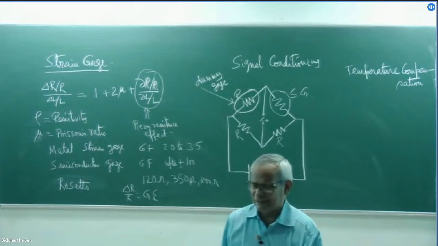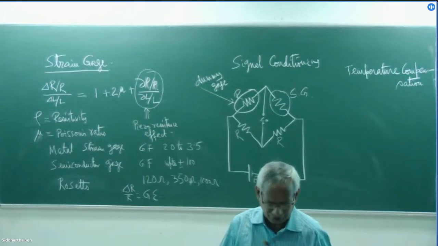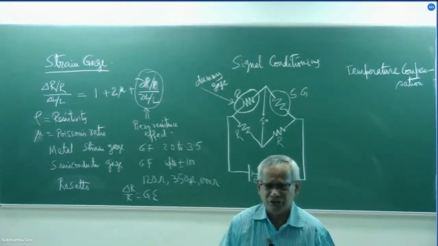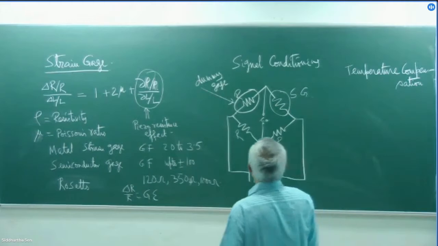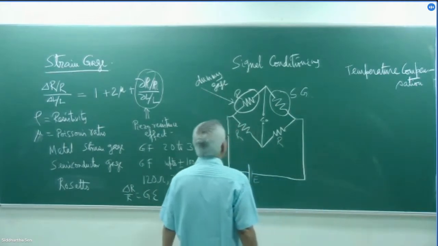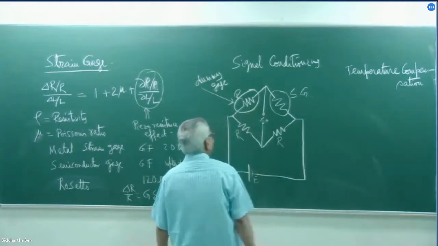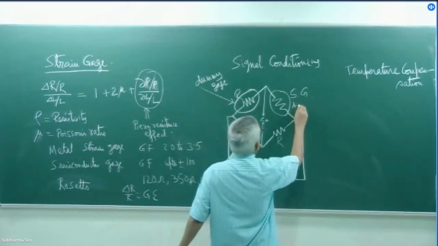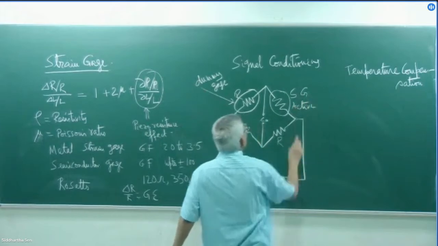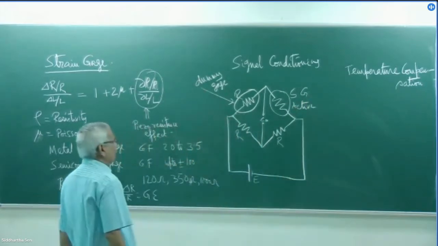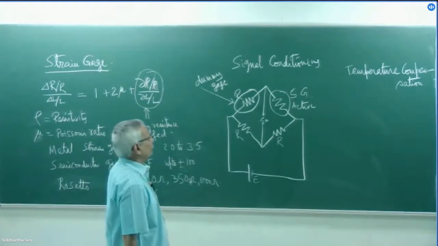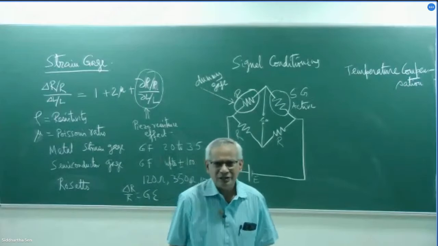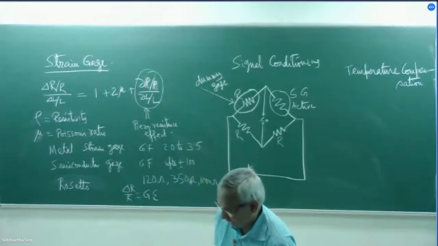Maybe on an identical structure you place the dummy gauge, but you don't apply any force or strain. The other two are fixed resistances. So one is the strain gauge, which we call the active gauge, which changes resistance, and one is the dummy gauge, whose resistance does not change due to strain, because no strain is applied.